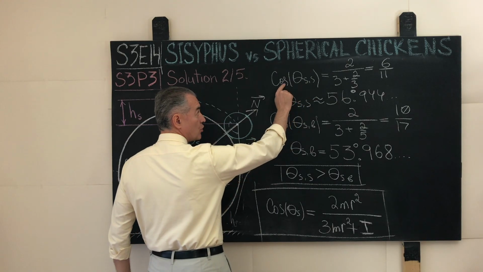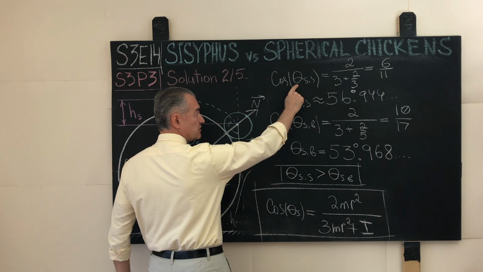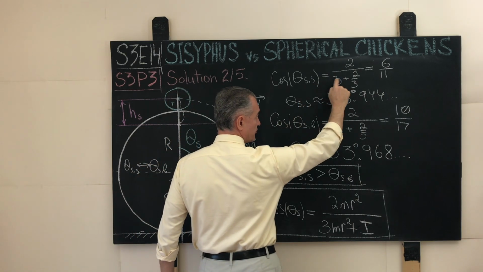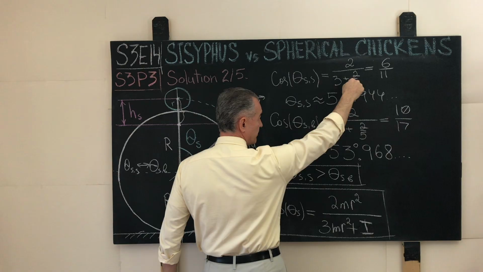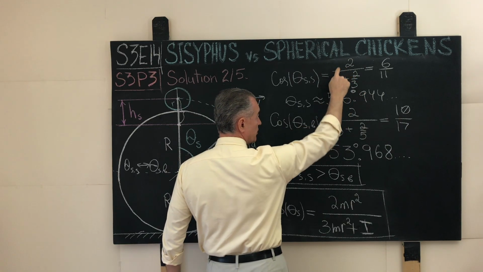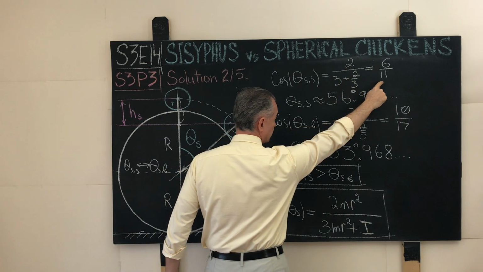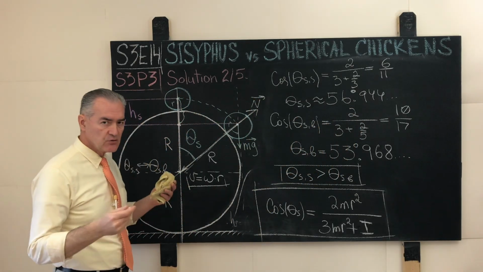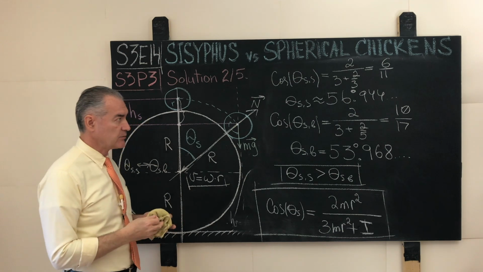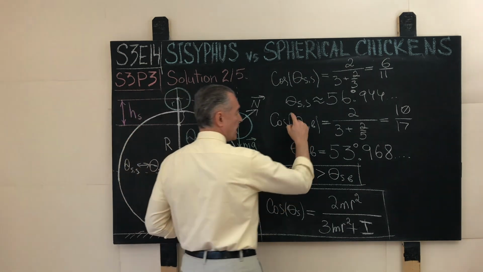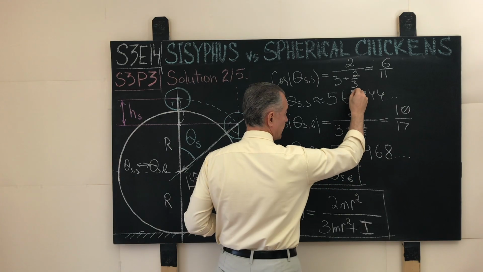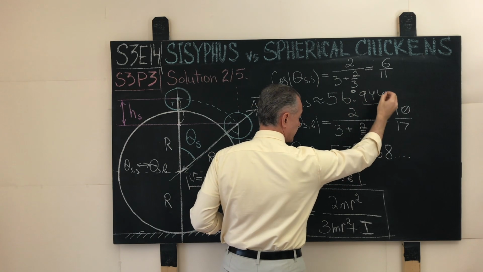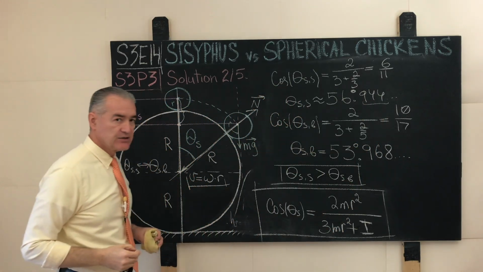So for the cosine of the separation angle theta s for a sphere, we get 2/3 plus 2/3. Multiply everything by 3: 6 in the numerator, 9 and 2 is 11 in the denominator. If you look at the decimal expansion, look it up in tables or compute it by hand, you will see that this magnitude will be 56 degrees, 0.944, let's say, up to the first 3 decimal significant digits.